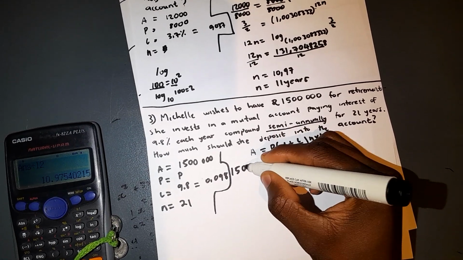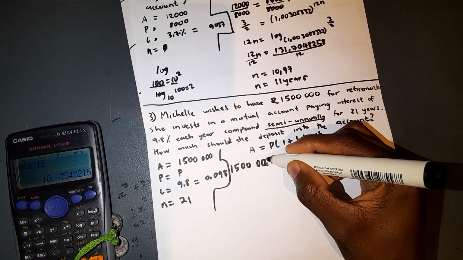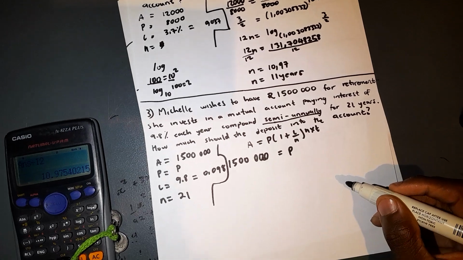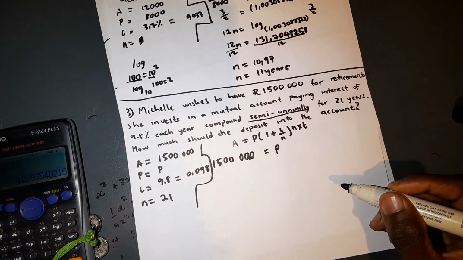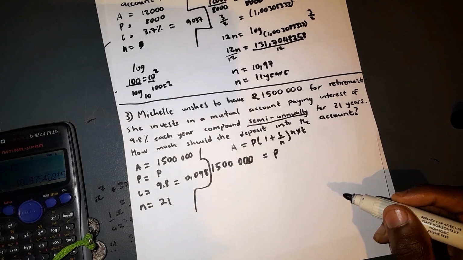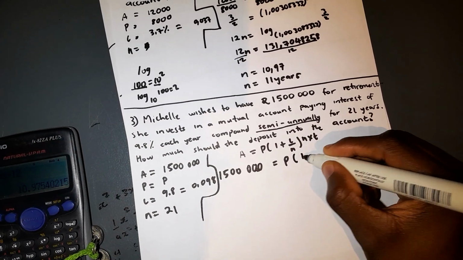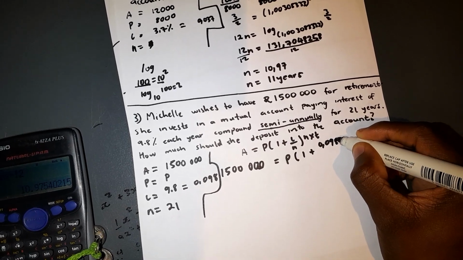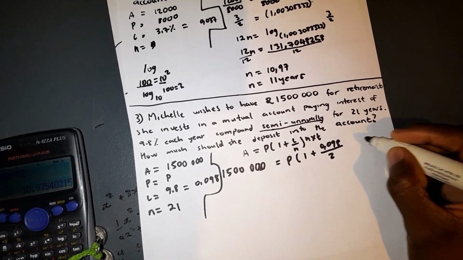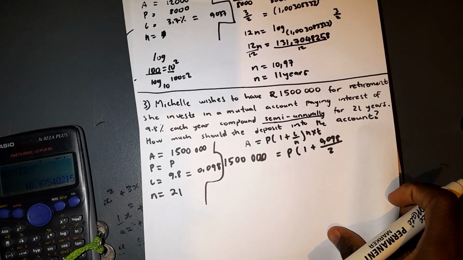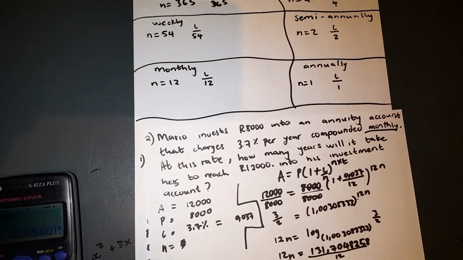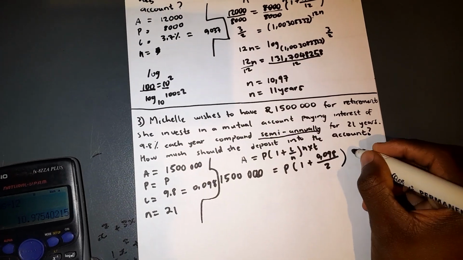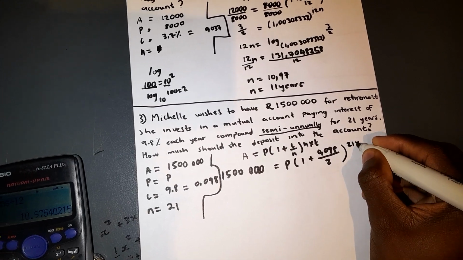Okay, let me just do it like this. It's 1.5 million, which is the accumulated amount. We are looking for this P here. So P times 1 plus 0.098 over 2. Remember, it's semi-annually. 21 times 2.